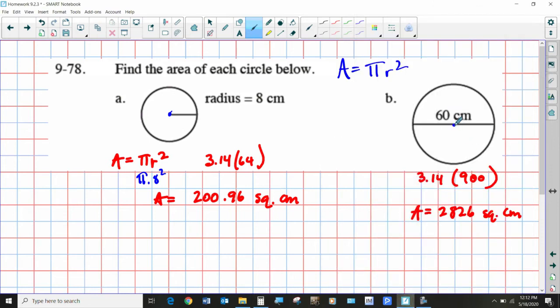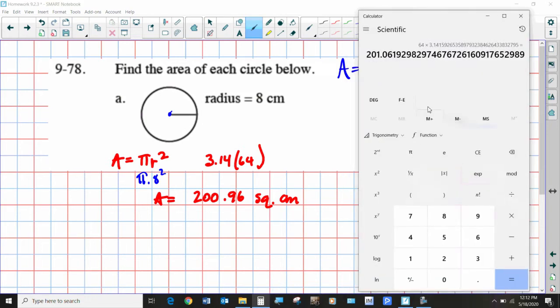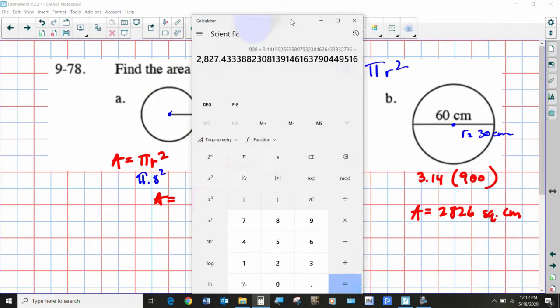Here we are given the diameter, which we have to cut in half to get our radius. So we're going to take 30 squared, which is 900, and 900 times pi. The bigger your radius, the more of a difference you're going to see depending on which pi you choose to use. For instance, if I do pi times 900, I'm going to get 2,827.43. How does that compare to this one?